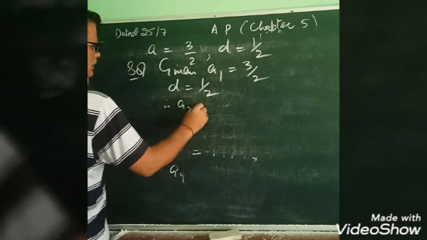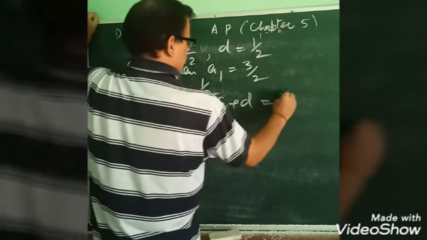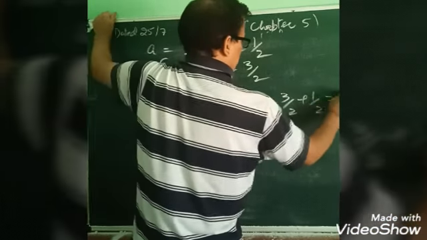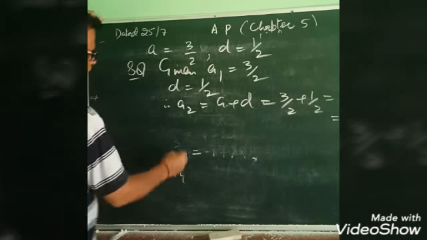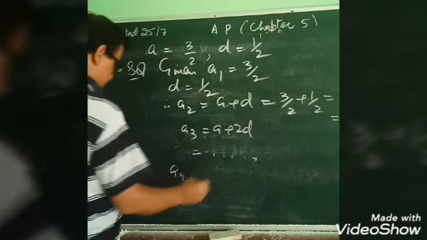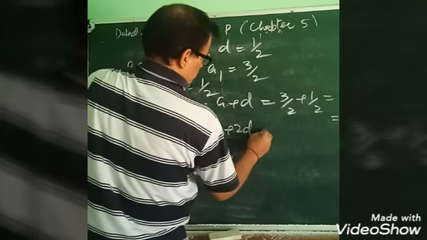Therefore A2 can be equal to A plus D. This is equal to 3 by 2 plus 1 by 2. This is equal to 4 by 2. That is equal to 2. A3 can be equal to A plus 2D.